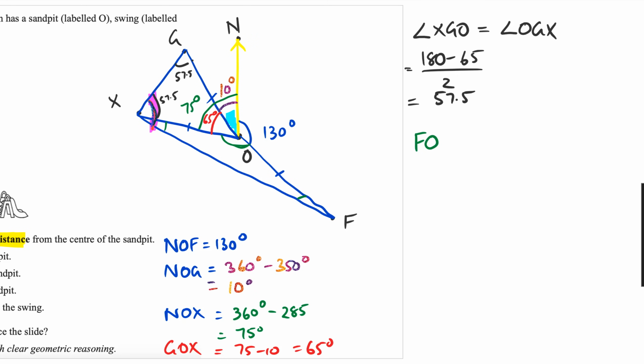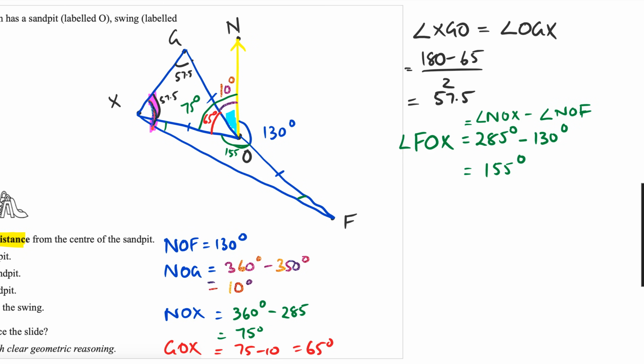Now, the angle FOX is going to be 285 degrees minus 130 degrees, which equals 155 degrees. And the reasoning I'm going to put is angle NOX minus angle NOF.